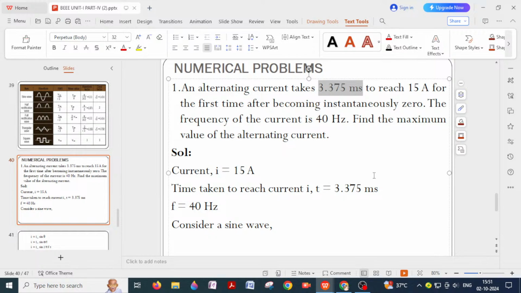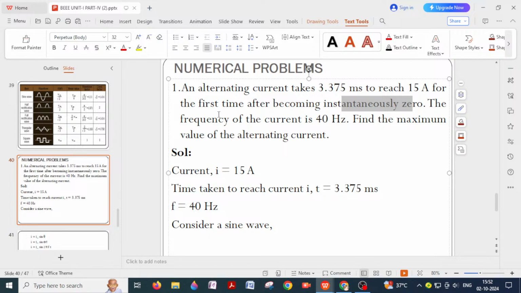That is, after crossing the zero point on the x-axis, it took around 3.375 milliseconds for the alternating current to reach 15 amperes. The frequency of the current is 40 hertz.